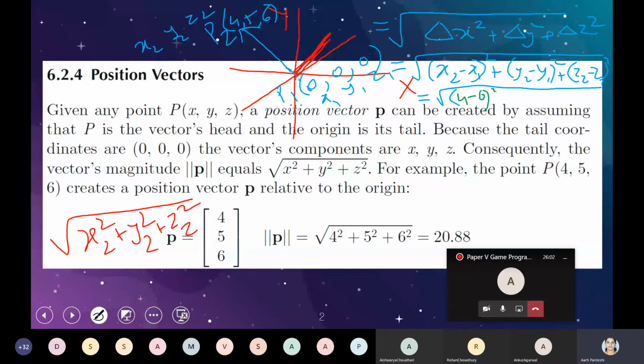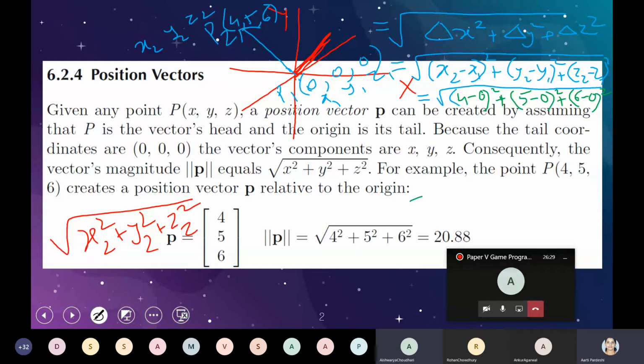Then y2 value? 5. Y1 value? 0. Z2 value? 6. And z1 value? 0. Very good.